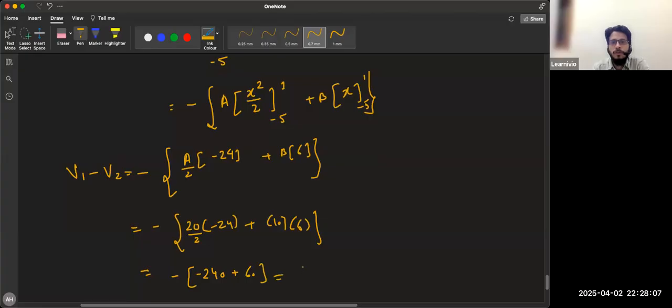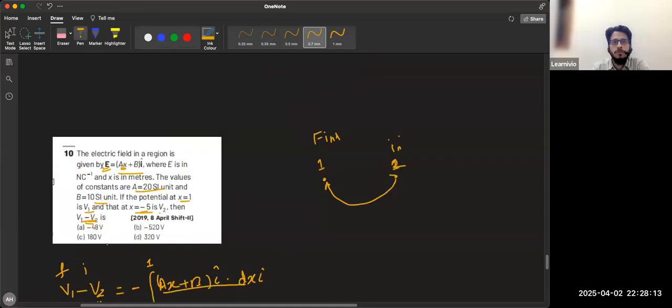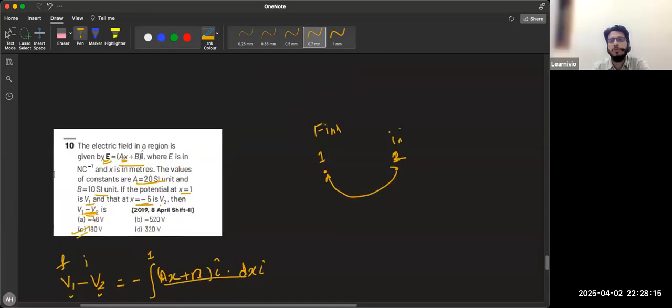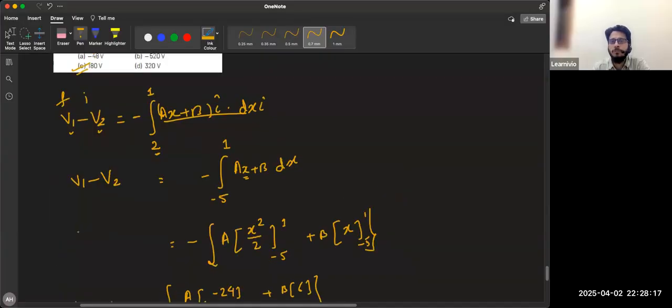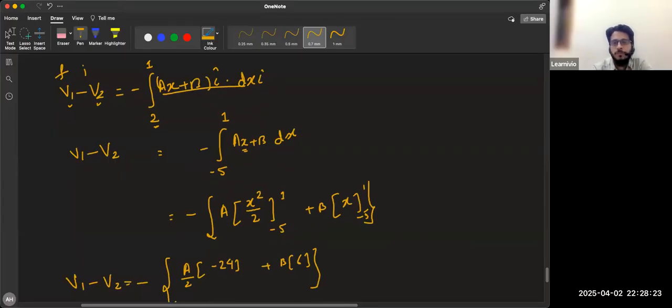So it's minus of minus 180, which comes out to be 180 volt. So this is 180 volts, the option. Is the whole calculation clear? You just have to integrate it. Just note it down, we'll do another type of question, in which potential is given and you're supposed to calculate the field.